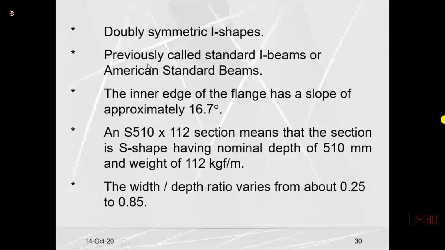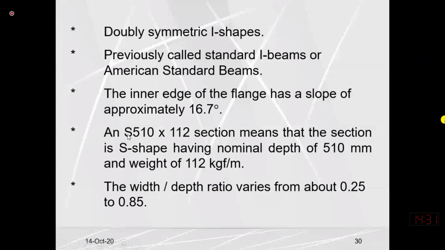If we read this section as 510 into 112, it means we have an I section with tapered inner face, nominal depth 510 millimeter, and unit weight 112 kilogram per meter.